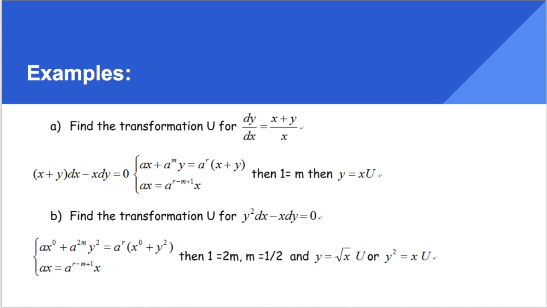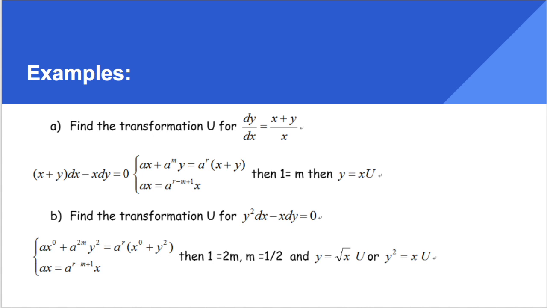Another example is y squared dx minus x dy equals 0. Do the same steps as above, and we get the system of equations as shown in the slide. Looking at only the p of x equation which transformed, to factor out a, 2m must be equal to 1. Then, we get m equals one half.